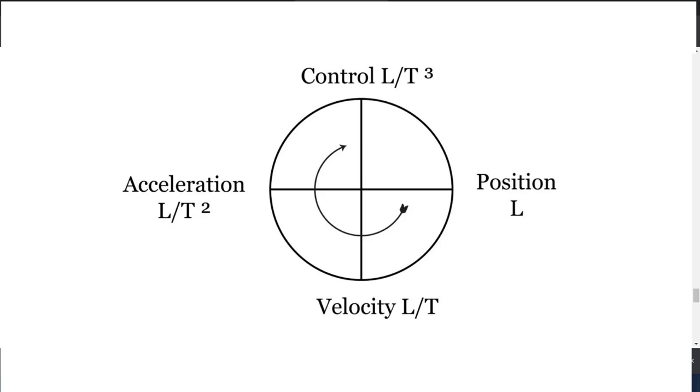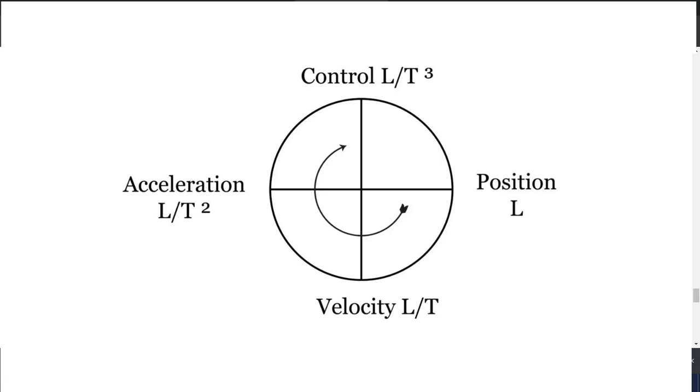leading to his theory of universal gravitation. And so he creates these as derivatives. The first derivative is Newton's definition of velocity as the rate of change of position with respect to time. So down below there we have velocity, L over t, that's position over time. So velocity is the rate of change of position with relation to time.